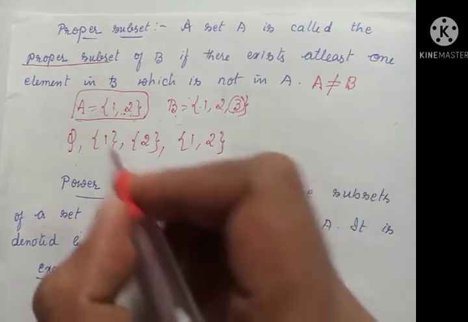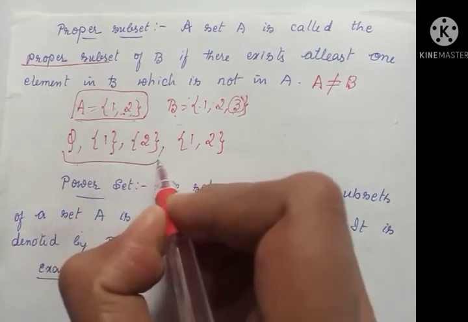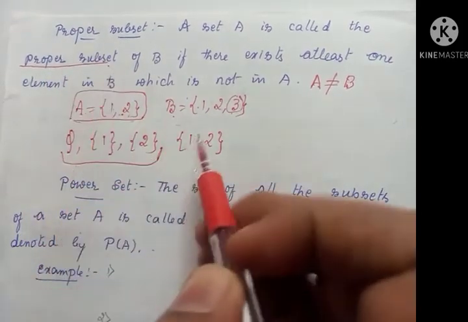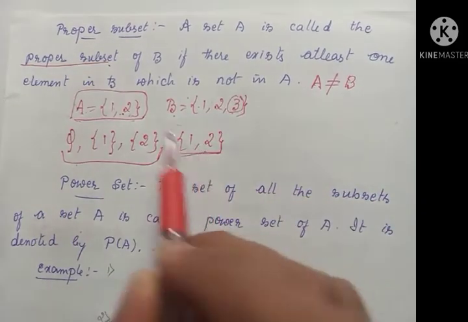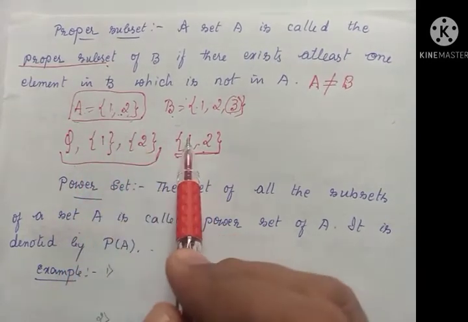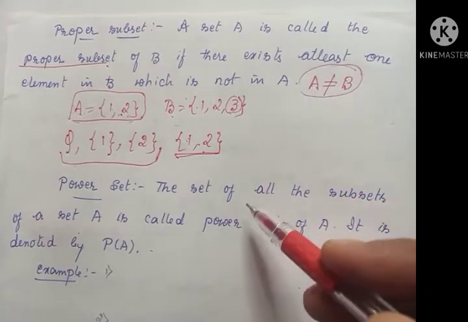So these are all the subsets of this A, but the first 3 are known as proper subsets, and this is also a subset. This is not a proper subset because here A and this set are equal. To say that this is a proper subset, they should not be equal.